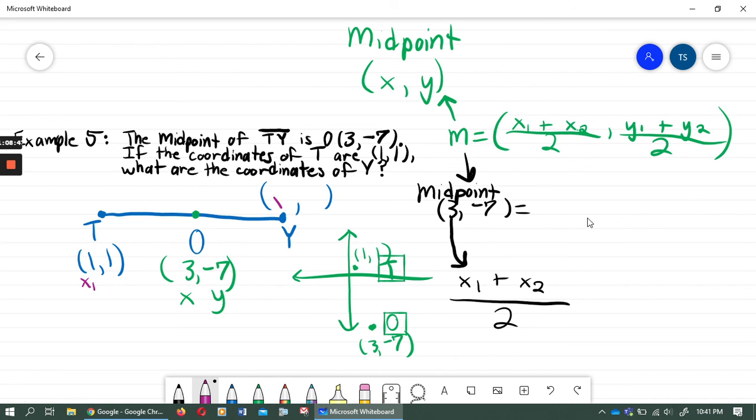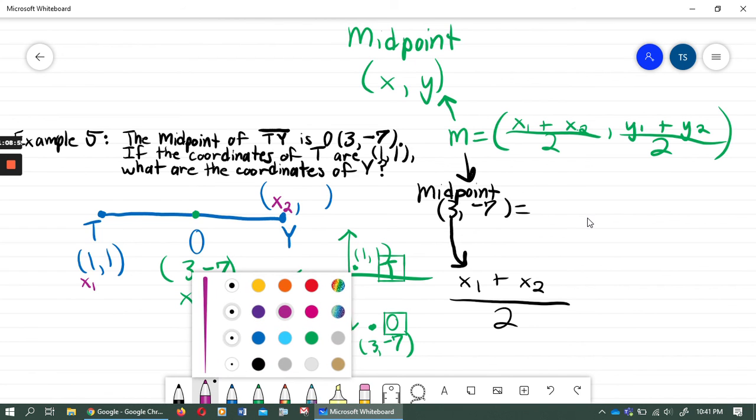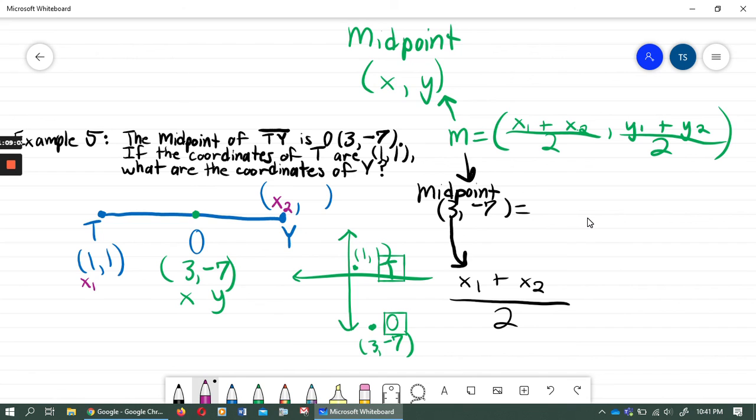The x value that we will be trying to find will be x2, folks. The part that we don't know for that x value will be x2. I'm trying to show you this very quickly. I apologize if it's too quick for some, but we are almost out of time here.